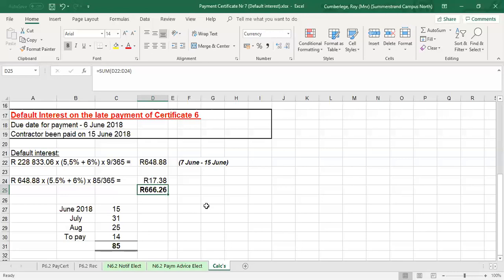For the purposes of this module, we didn't issue a monthly payment after certificate 6. I've just handled it as a practical completion certificate and then catered for the final payment certificate almost 90 days after practical completion. I hope you understand this calculation, that the default interest runs from the practical completion due date right up till the due date for payment of certificate 7, the final payment certificate. So that was the calculation for the default interest.